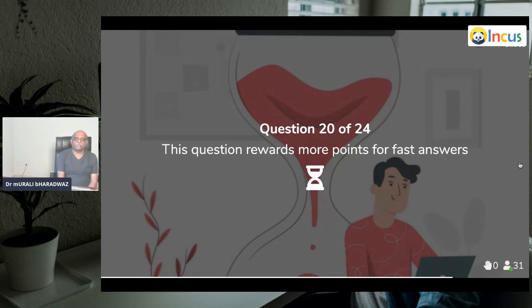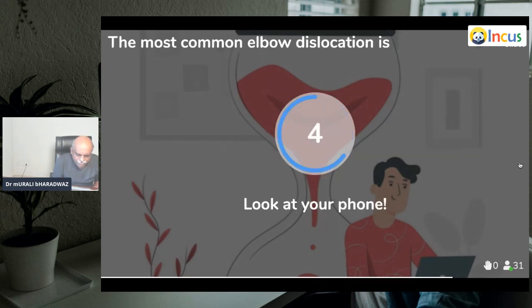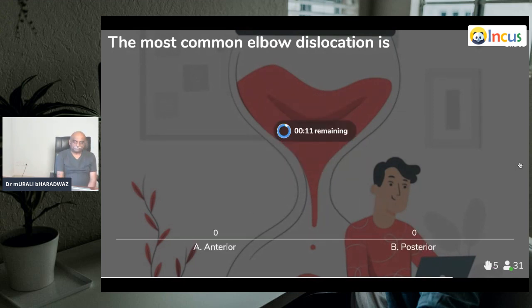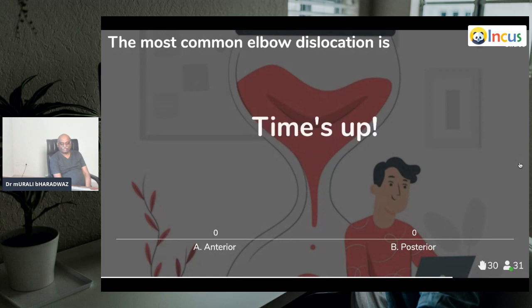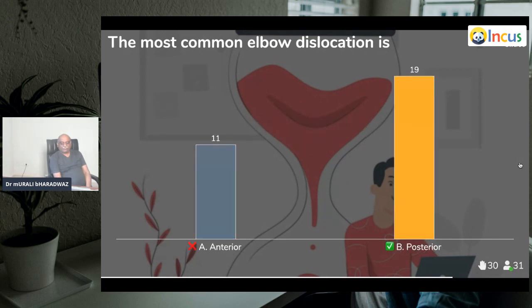Question 20. The most common elbow dislocation. Anterior or posterior? Come on, who is going to give me the correct answer? That's right. Posterior.